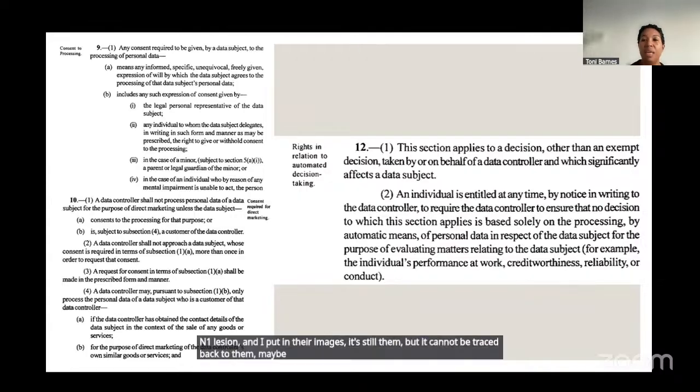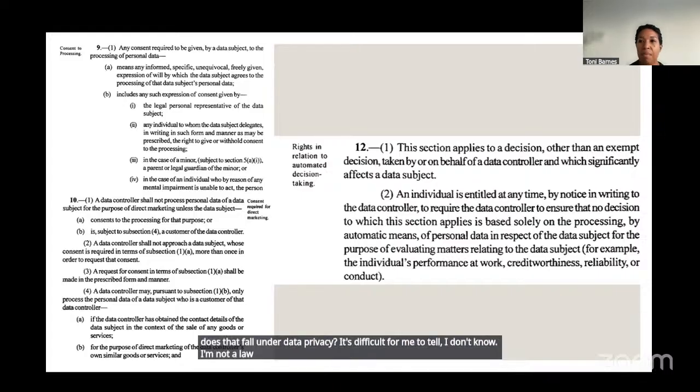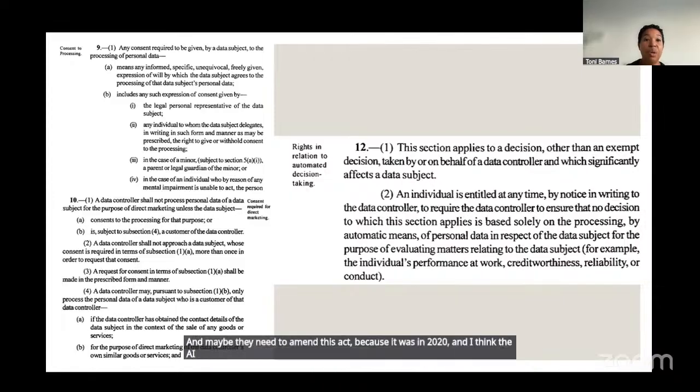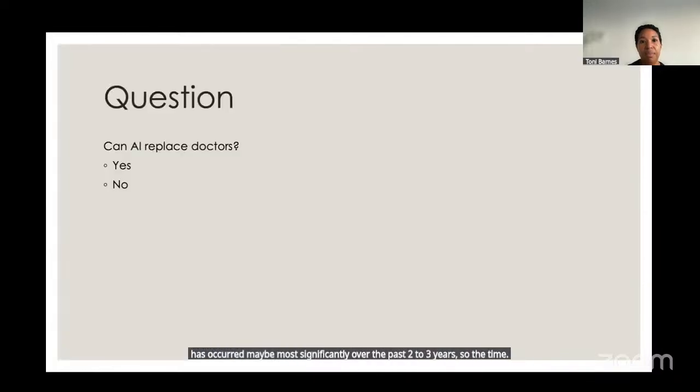Maybe it doesn't have identifying information. Does that fall under data privacy? It's difficult for me to tell. I don't know. I'm not a lawyer, but maybe these are questions that we need to start asking. And maybe they need to amend this act because it was in 2020. And I think the AI boom has occurred maybe most significantly over the past 2 to 3 years. So the time has now passed.